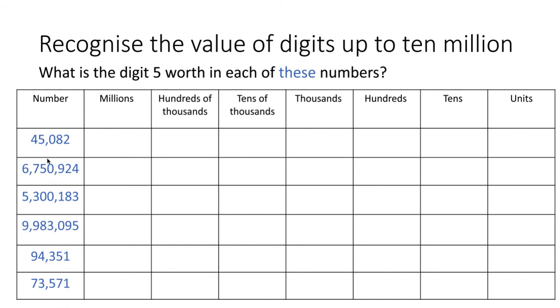Then you need to write in these numbers and split them out. And for each of them, I'd like to know what the digit 5 is worth. The digit 5 is right here. In this number, it's all the way over here. And this number, the other end. Another one. Finally there.